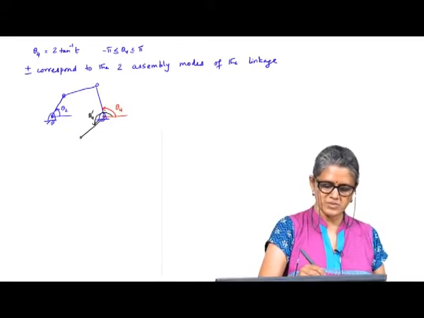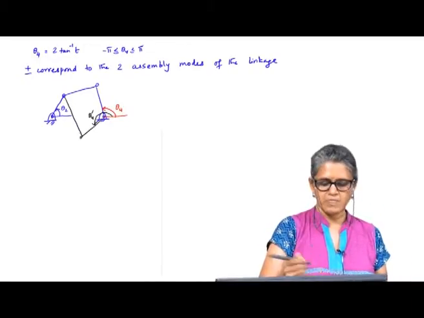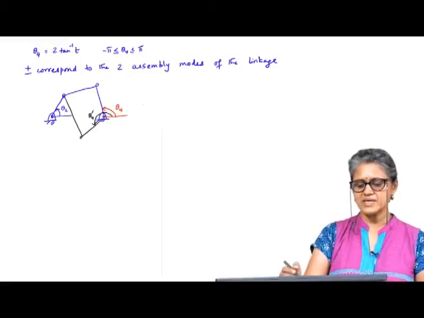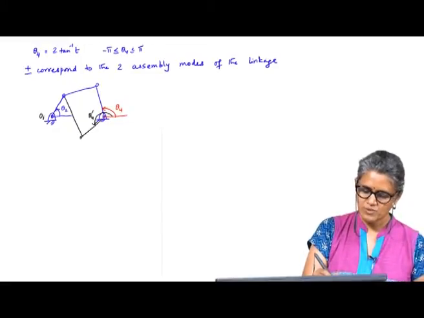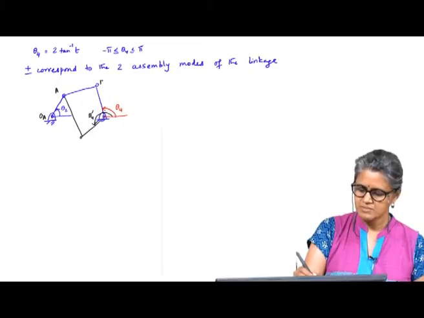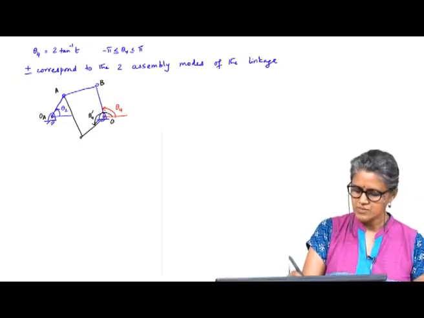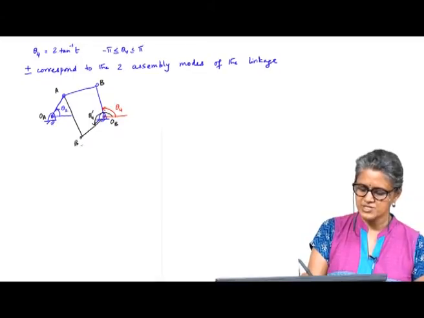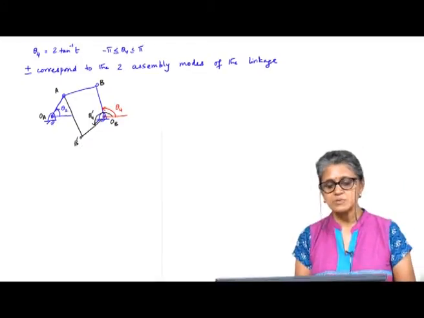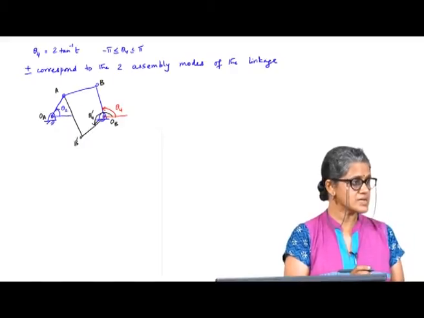So, theta 2 remains the same, but this will be the second assembly mode. So, I have OA, A, B, OB, and OA, A, B dash, OB. Those will be the two assembly modes for the linkage.